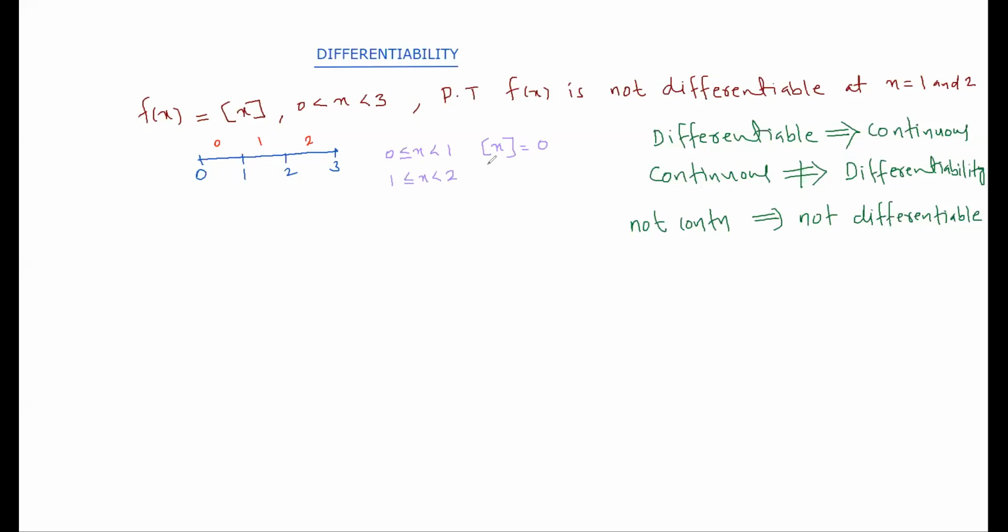And if you take any real number between 1 and 2, the integers less than that number are 1, 0, etc., and the greatest of them is 1. And if you take any real number between 2 and 3, the integers less than that number are 2, 1, 0, minus 1, minus 2, etc., and the greatest of them is 2.